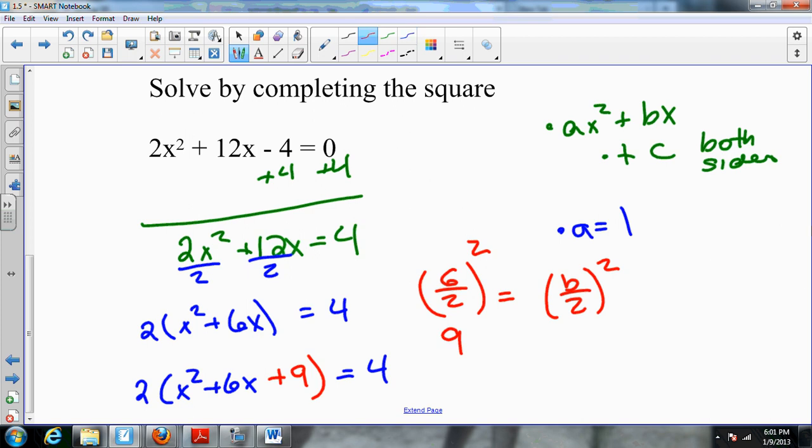Equals 4. Now this outside 2, it would also multiply the 9. So when we add the 9 to the other side, it has to get multiplied by the 2 as well. And this is only the case when we took out a GCF to get a equal to 1.